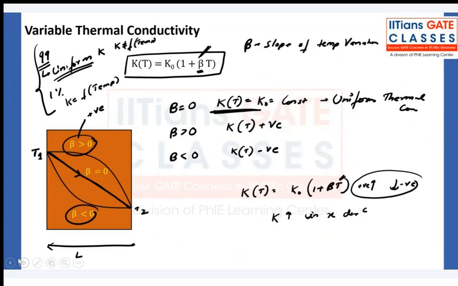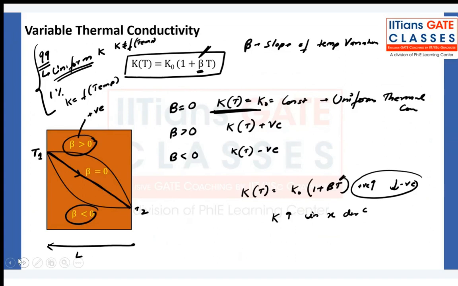So it is a case of non-uniform, not unsteady. It is still steady, but non-uniform. How can we know how it varies with x?